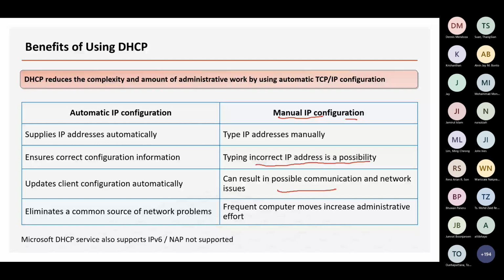If someone gives a wrong IP address, there is a chance of conflict. There is a chance of giving the same IP address to different computers. So there is a chance of conflict also. And it is very difficult for me to track the frequent movement of one computer to another computer also. So these are a few points about manual IP address or static IP address here.